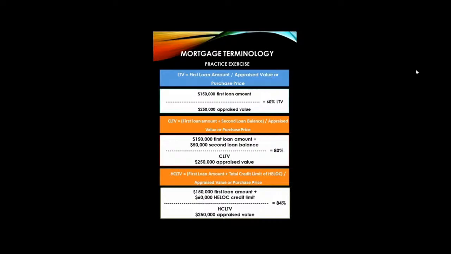You do the $50,000 plus the $150,000 divided by the $250,000 appraised value, and that equals 80%. The HCLTV, simple enough, always uses the loan amount of the first mortgage plus the max limit the borrower can borrow on that HELOC, which is $60,000 here, divided by the $250,000, and that equals 84%.